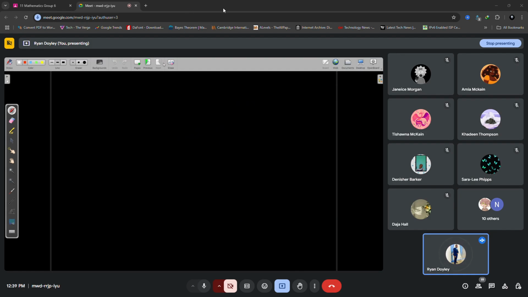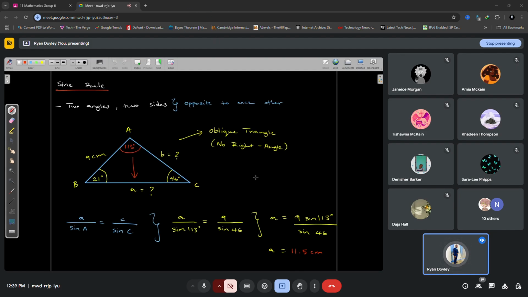All right, so that's it for the sine rule. Any other questions on this? Because all we're doing is substituting. So we notice that whenever we're trying to find a missing side, we won't use sine inverse. But when we're trying to find a missing angle, so let's say we had a triangle like this. This is x. This is 72.